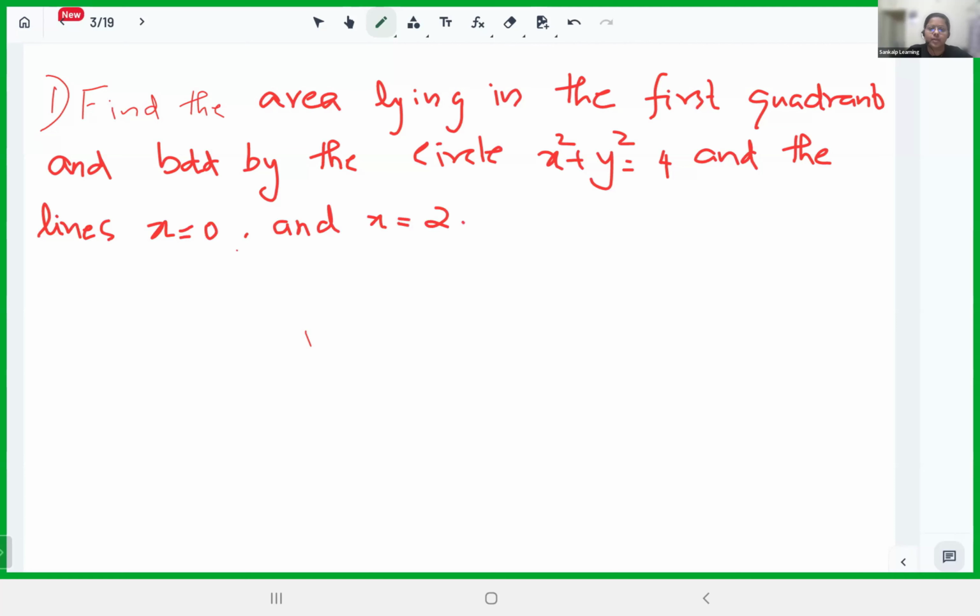Okay, so we have to find out the area which is in the first quadrant, and how is this region formed? It is bounded by the circle x square plus y square equal to 4 and lines x equal to 0 and x equal to 2.